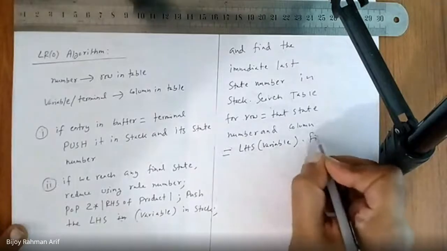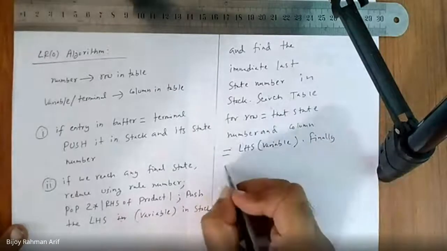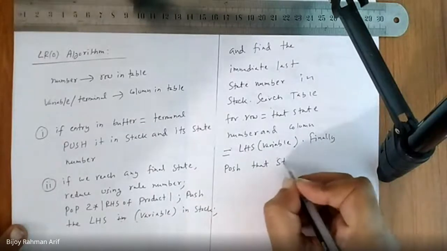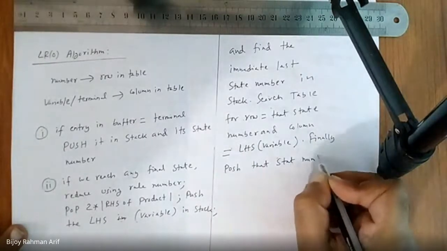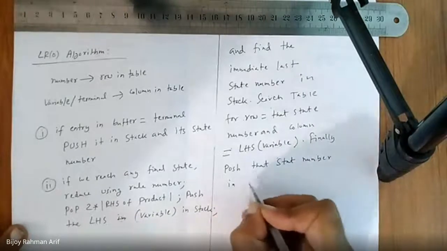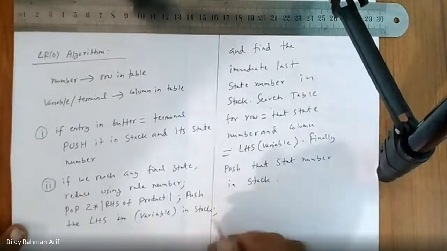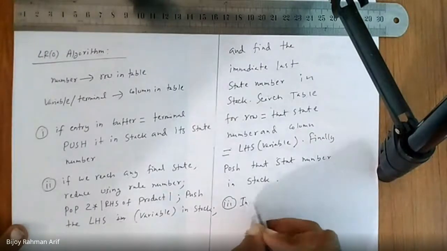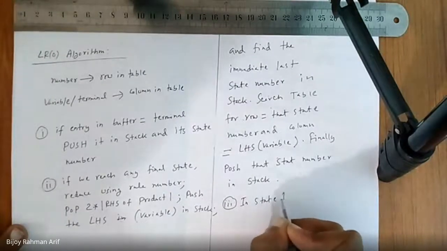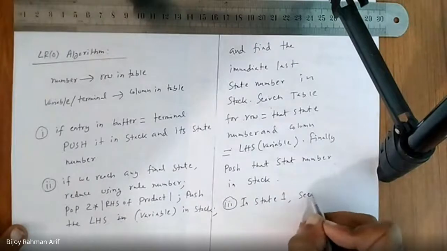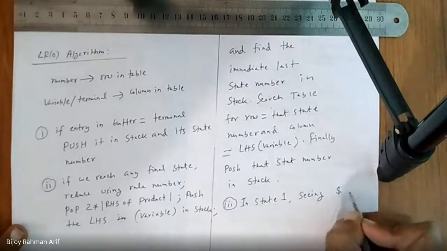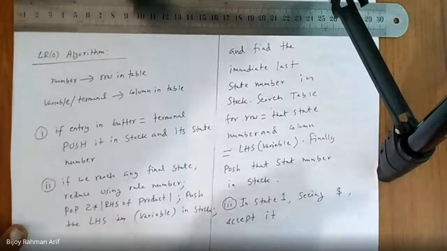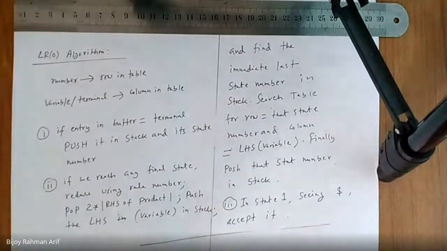Finally, push that state number. Number 3: in state 1, seeing dollar, accept. Is it clear to you guys? That is good. So this is done.